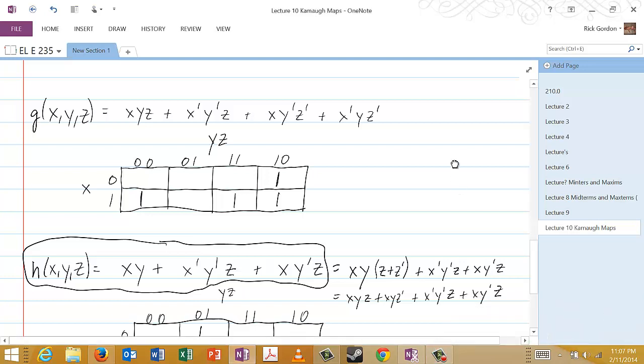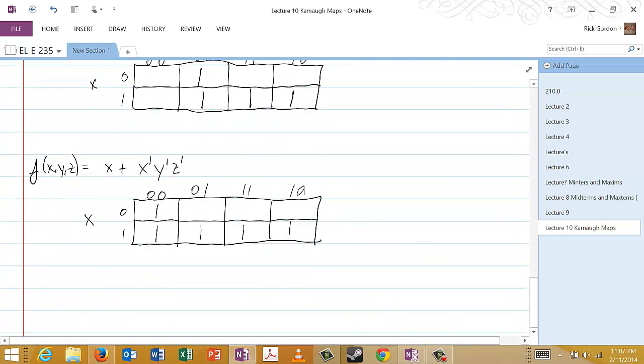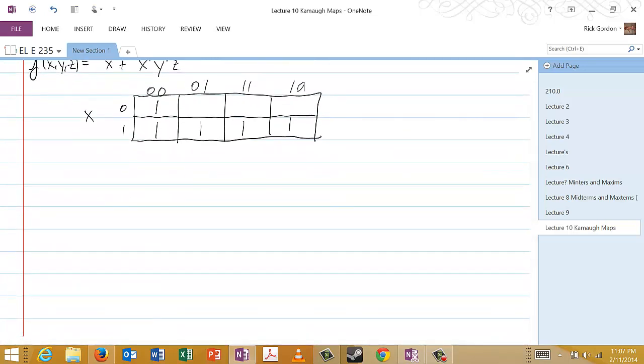Now, before concluding this lecture, I'd like to show you one more idea, which is the following. Let's suppose that instead of having an algebraic expression for our function, we have it in decimal notation.